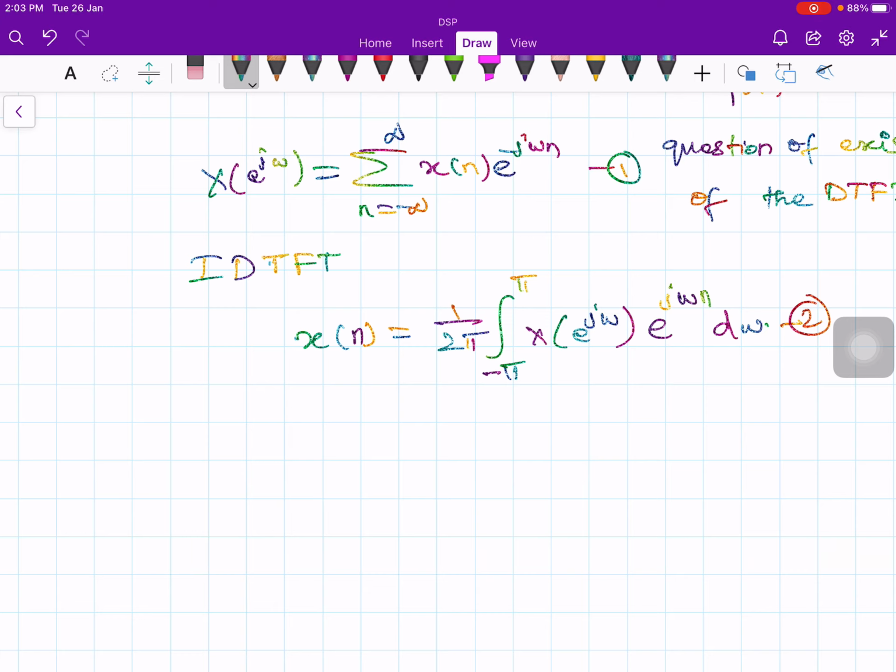One follows from the other. Equation 1 follows from 2 or equation 2 follows from 1. That is, given equation 2 we can find x of e to the j omega, or given equation 1 we can find x of n. So given X of e to the j omega we can find x of n, given x of n we can find X of e to the j omega. So one follows from the other.